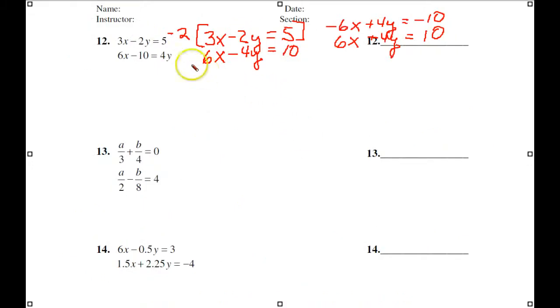Okay, one of the things, set them up in standard form. I had to move this 4y over here. And then I said, well, wait a minute. If I multiply this top by a negative 2, it'll change the signs. But notice what happens.